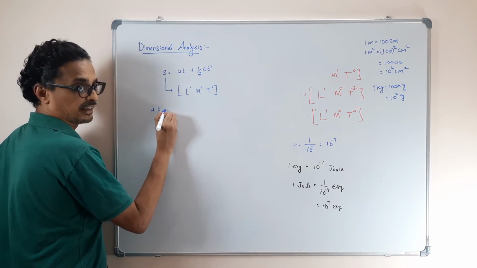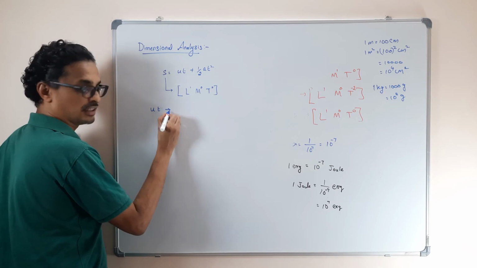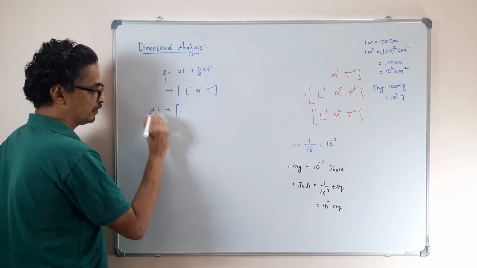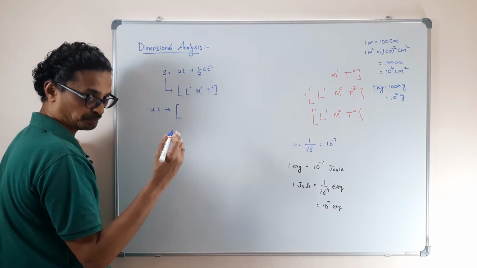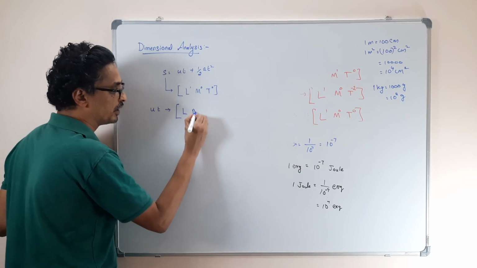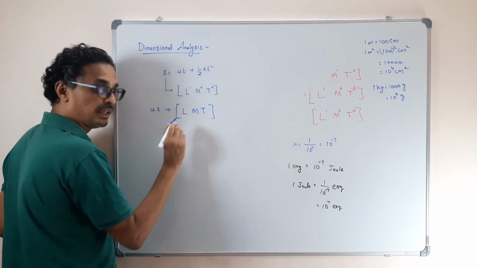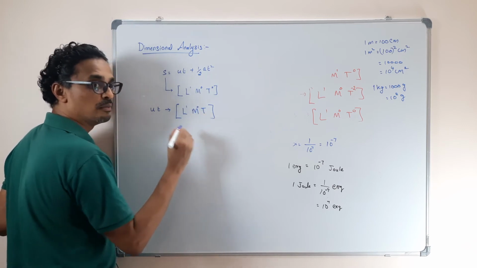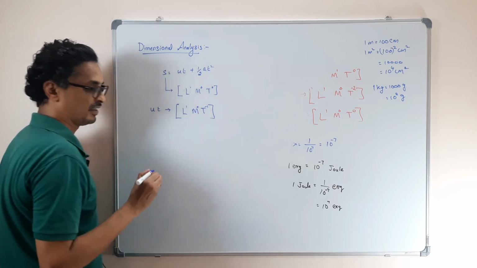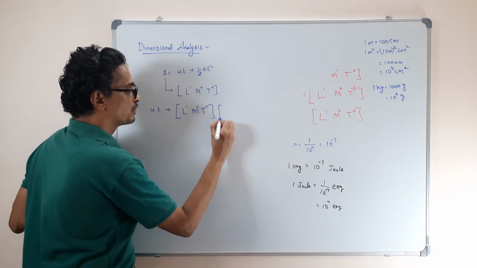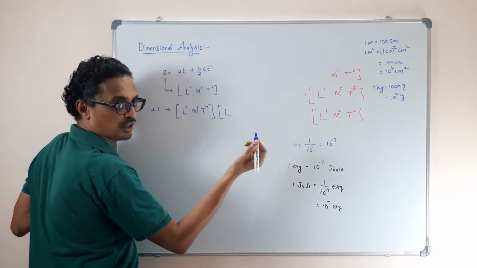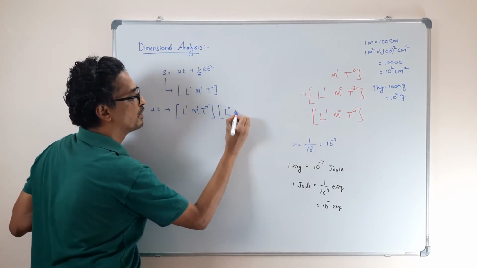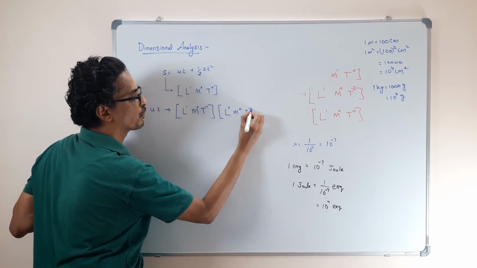I will write directly. U is what? Velocity, am I right? Velocity is what? Meter per second. So in terms of L, M, T: meter means length is 1, mass is 0, per second so minus 1 for T. And the next one is T, which is time only. So L power 0, M power 0, T power minus 1.